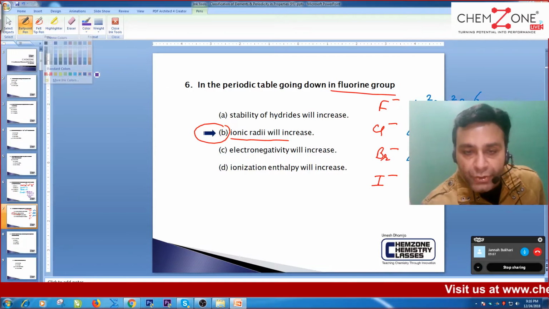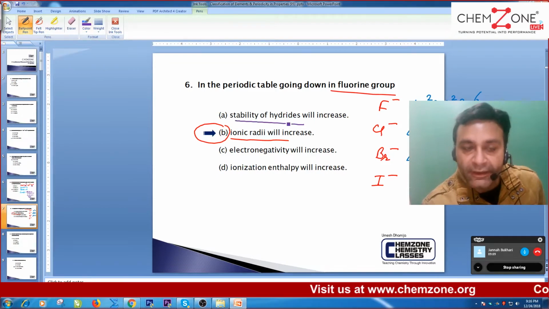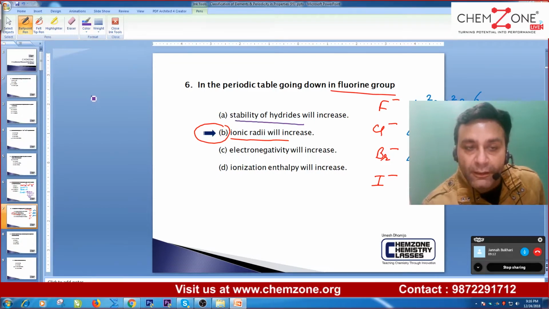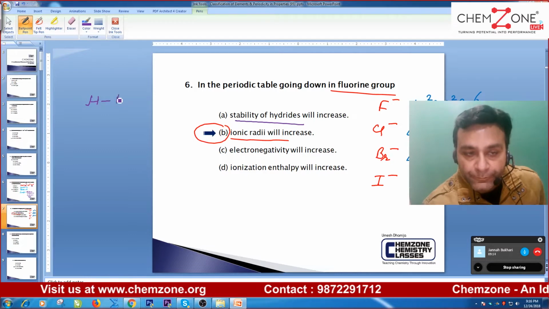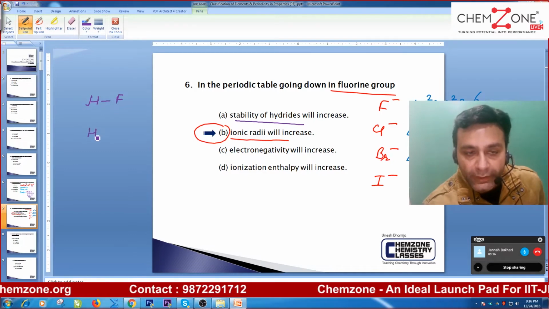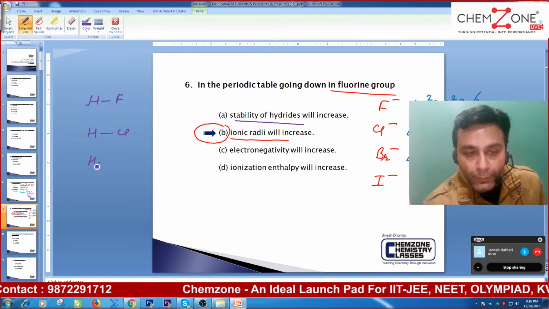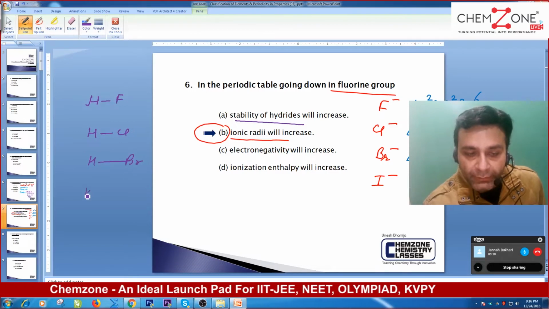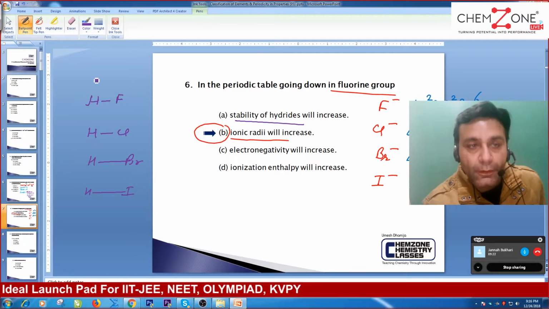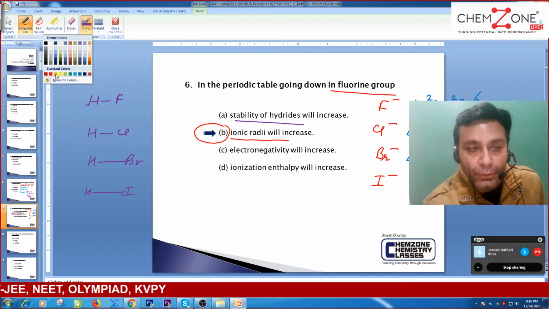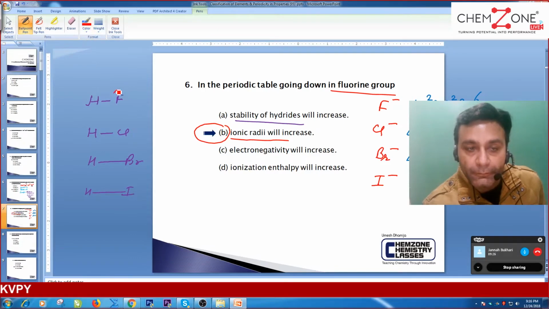But if you're looking at the first option, the stability of the hydrides means combining with fluorine, chlorine, bromine, and iodine, right? As you go down the group, what will happen?